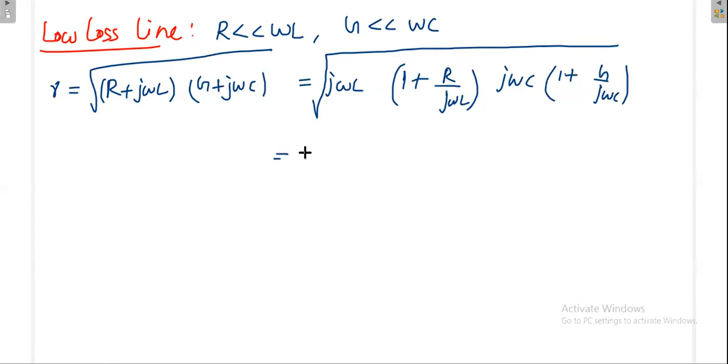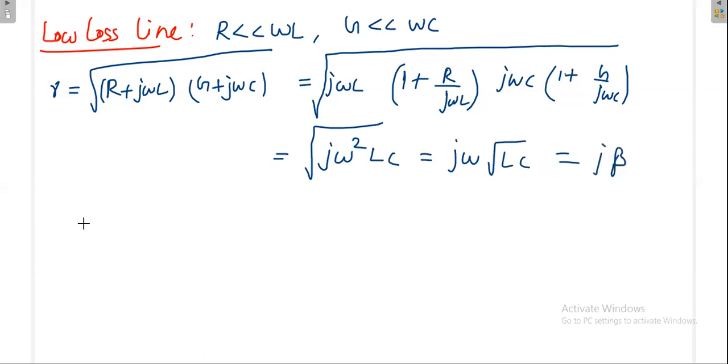Then finally you are getting J omega square LC, which is J omega square root of LC, which is equal to J beta. So in this case also, if it is a low loss line, approximately alpha is equal to 0, then beta is equal to omega square root of LC.